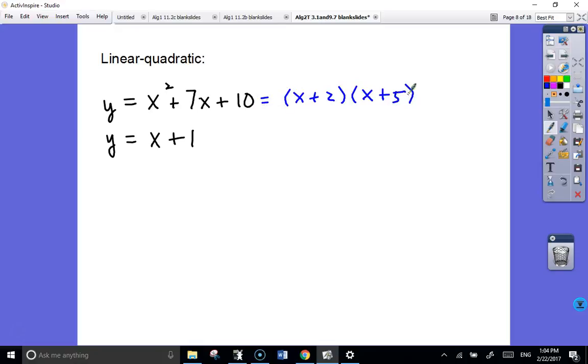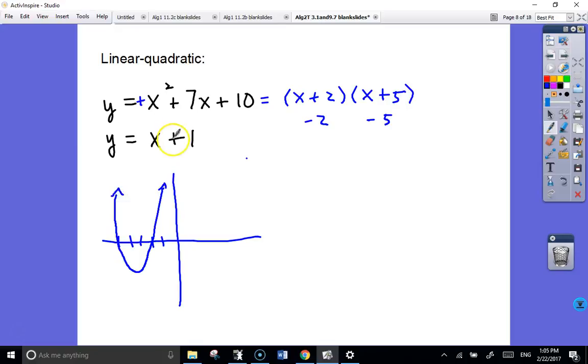What are the zeros? Yeah, the zeros are negative 2 and negative 5. Is it opening up or down? Up, because that's a plus right there. It's opening up. So we know that if we were going to sketch the graph, 1, 2, 3, 4, 5, that it's something like this.